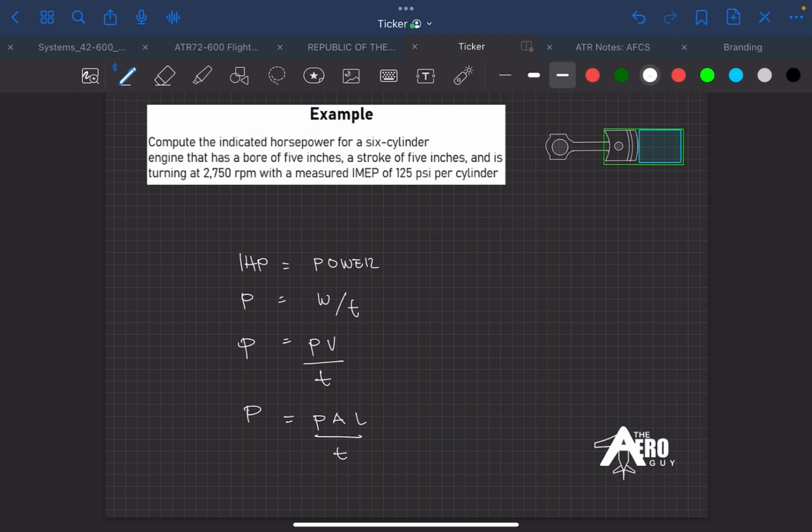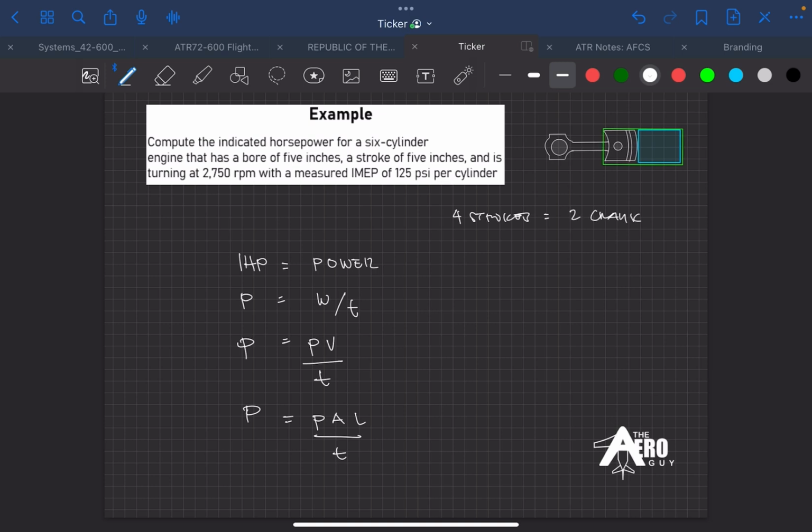Currently the engine is turning at 2,750 RPM. The question is how many power strokes are happening per time. Remember that for the completion of the four strokes, you have to have two complete crankshaft revolutions.